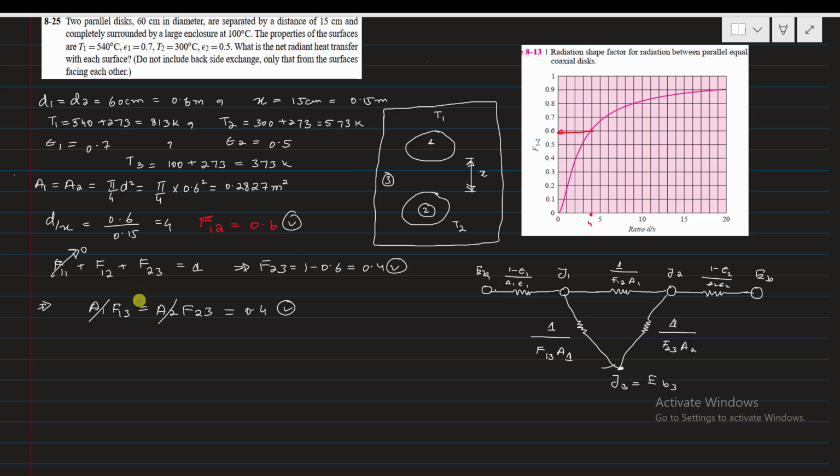Next is to find the resistance. So 1 minus emissivity 1 divided by A1 emissivity 1, and 1 minus emissivity 2 divided by A2 emissivity 2. So I'm quickly writing its value.